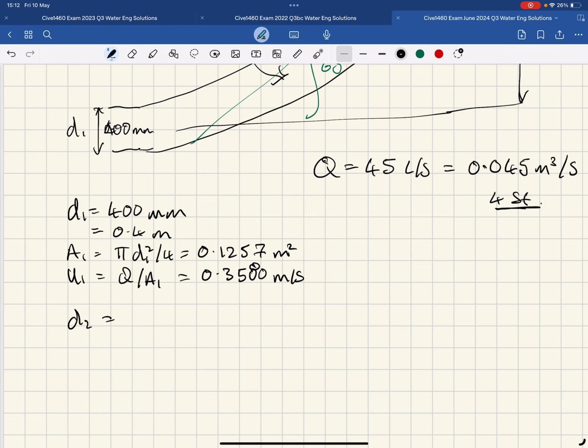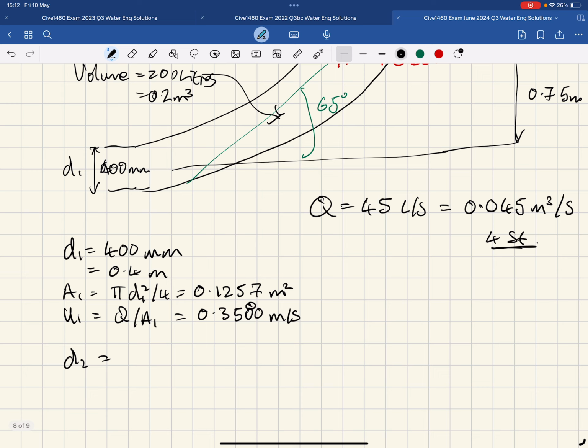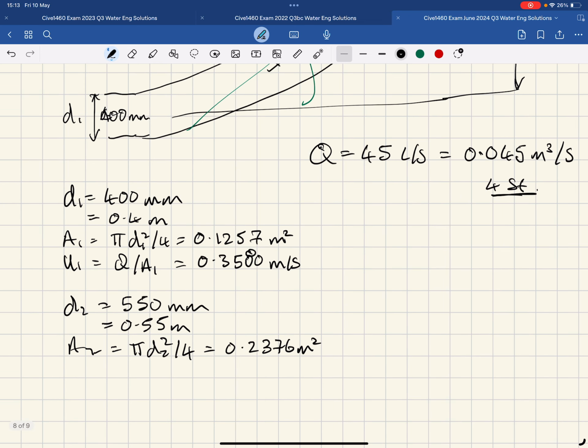We can do the calculations for the exit. The diameter is 550 millimeters, 0.55 meters. A2 is then pi D2 squared over 4, which works out to be 0.2376 meters squared. So just check it against A1, it's a bit bigger, good.